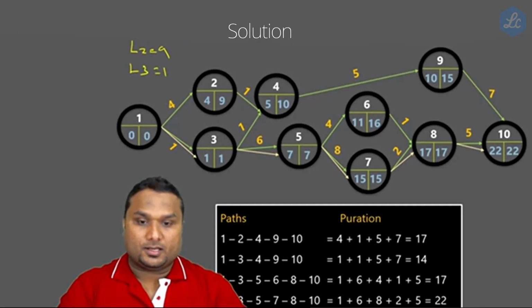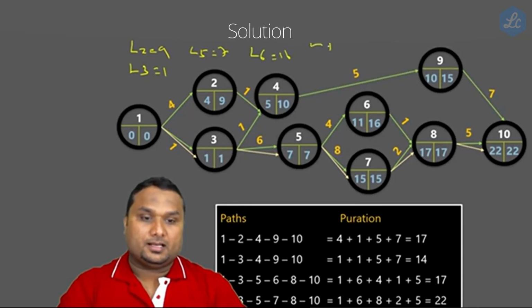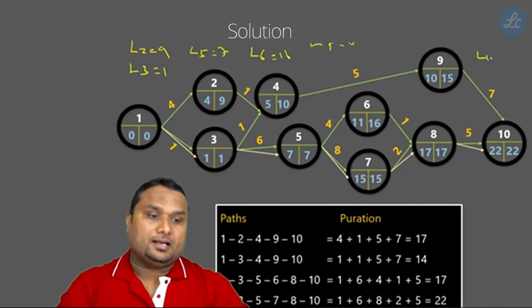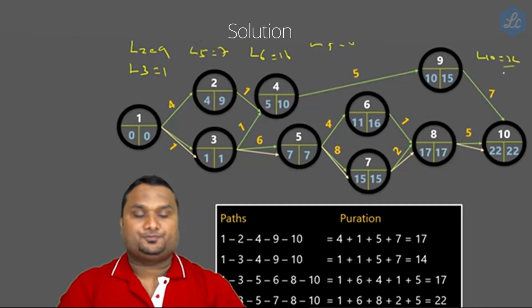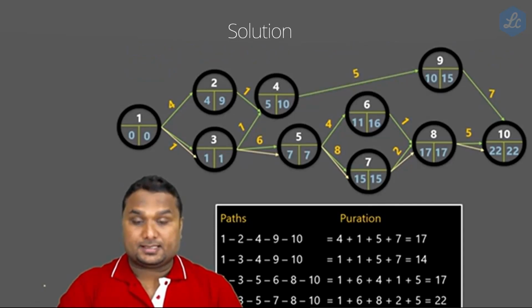L4 equals 10. L5 equals 7. L6 equals 16. L7 equals 15. L8 equals 17. L9 equals 15. And L10 equals 22. This is called the latest event time.